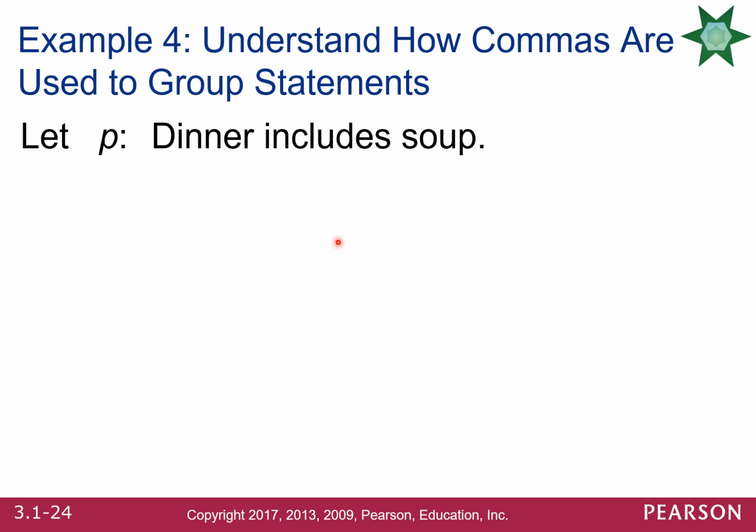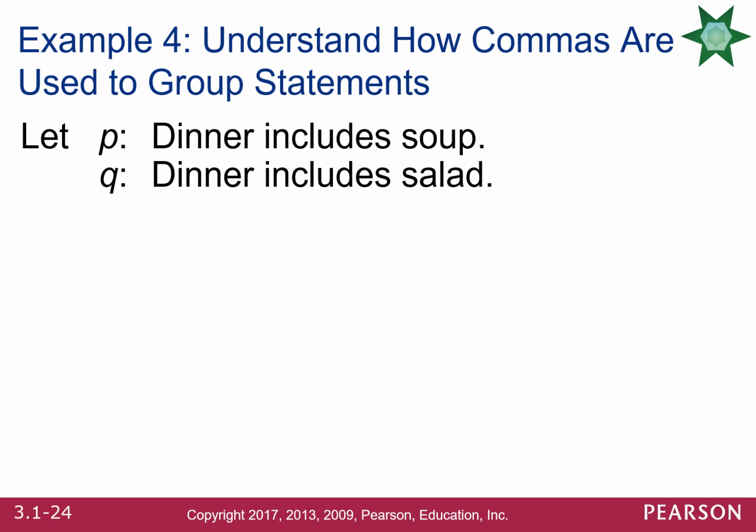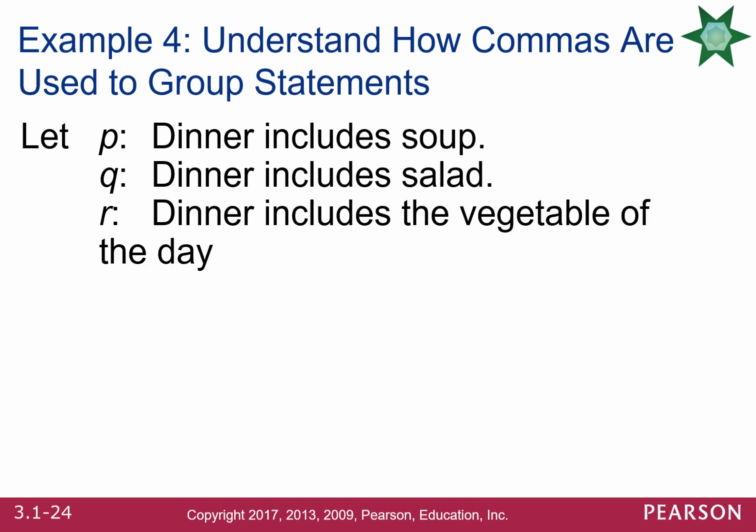So now we'll work through an example which will show how we can connect and write in symbolic form three ideas. The first idea given to us is dinner includes soup, which is denoted by the letter P. And then we have the next idea, which is dinner includes salad, and that's denoted by the letter Q. And then we have R to represent dinner includes a vegetable of the day, which is the third idea.